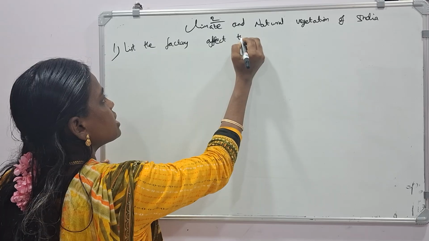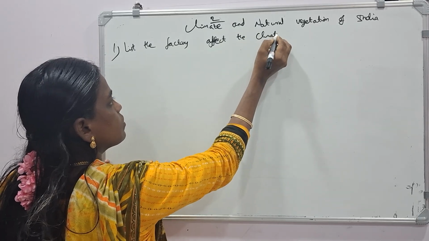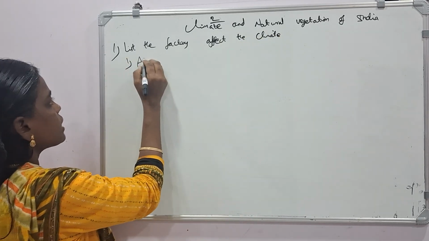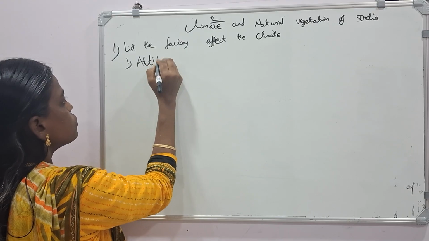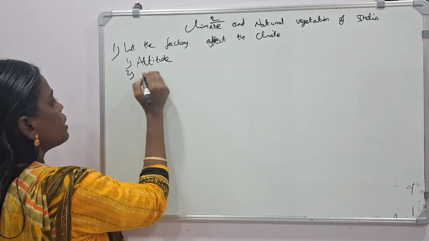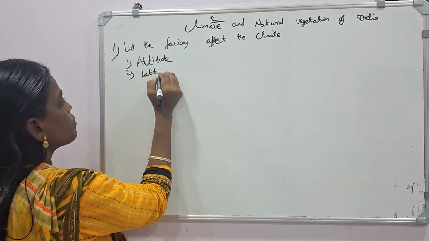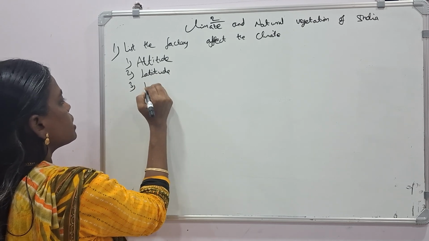Factors which affect the climate. First one, altitude. Second one, latitude. Third one, distance from sea.